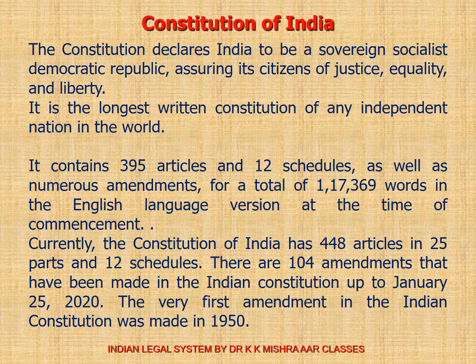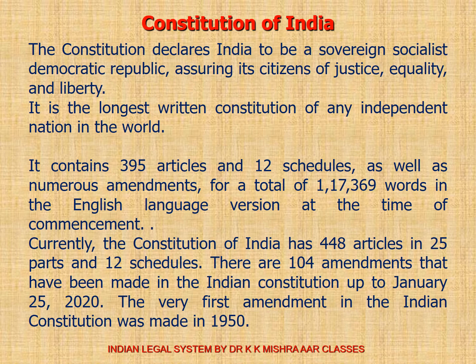Now let us talk about this Constitution. As we know, our Constitution is the lengthiest one all over the world. The Constitution declares India to be a sovereign, socialist, democratic republic, assuring its citizens of justice, equality, and liberty.